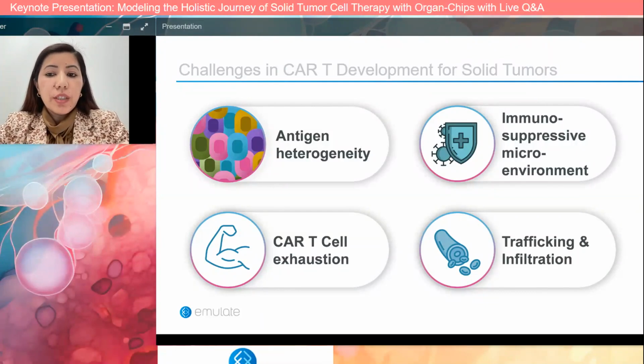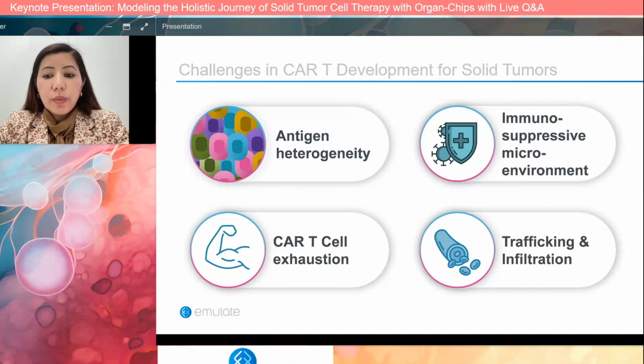Now, let's look at some of the challenges that are focused on solid tumors. As we know, liquid tumors have fewer antigens and they are more homogeneous compared to solid tumors. One of the major factors is antigen heterogeneity in solid tumors. They express a myriad of antigens on their surface, which makes it challenging to target them. On the other hand, liquid tumors don't have an immune suppressive tumor microenvironment.